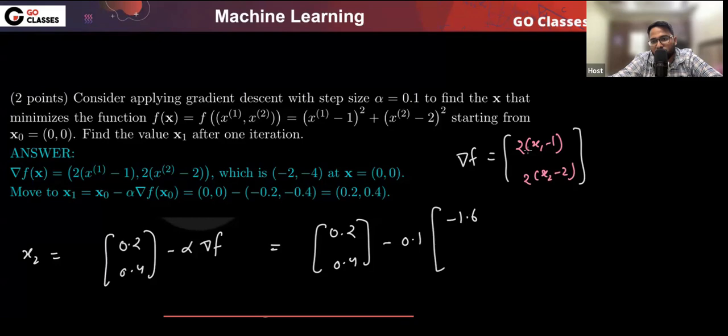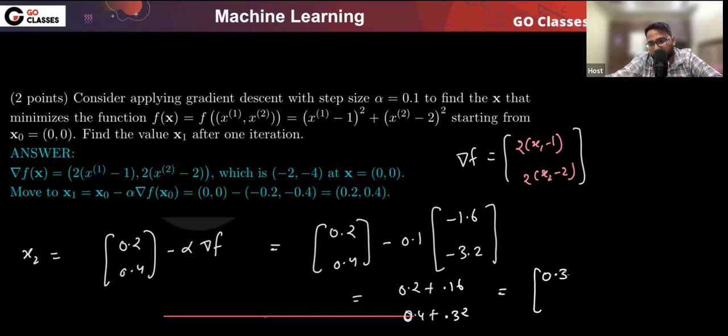I hope that's fine. And for 0.4, it is 1.6 minus 3.2, so it will be plus anyway. So it is 0.2 plus 0.16, and 0.4 plus 0.32, which is 0.36 and 0.72. This is your next point, right? Which you are calling x2. Is this fine to everyone?